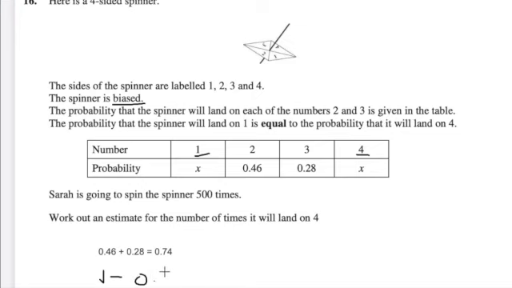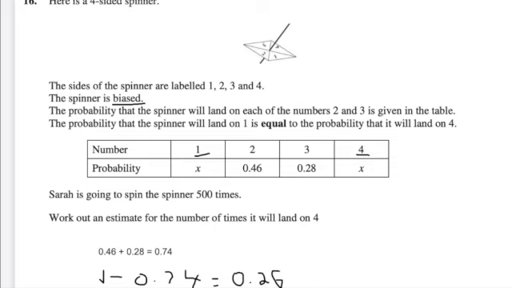You've got x for 1 and x for 4. So you do 1 minus 0.74, which is 0.26, because you're trying to find what's left over for 1 and 4.